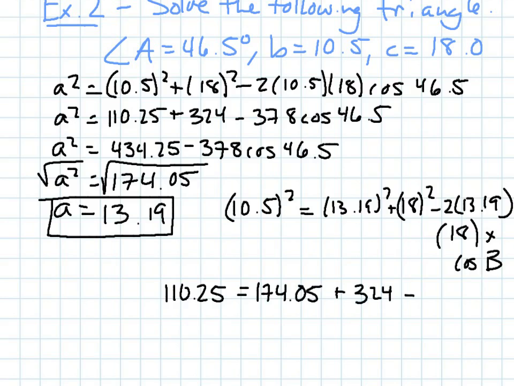Here though, 2 times 13.19 times 18 gives me 474.84 cosine of B.